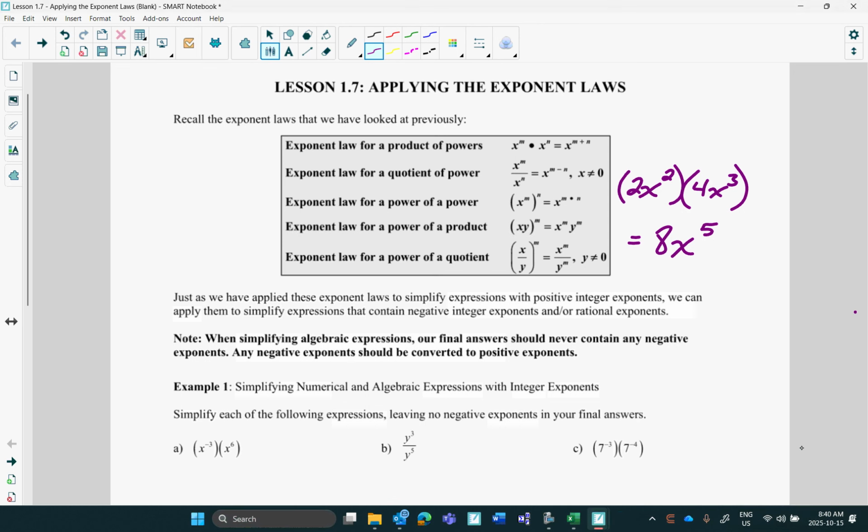So we did questions like this last year, where we multiplied, we divided, we raised one power to another power, and these are all the rules. So like if I said this, what's that?